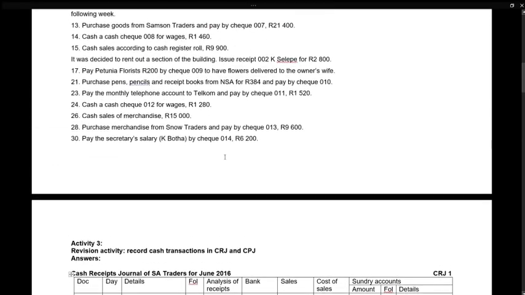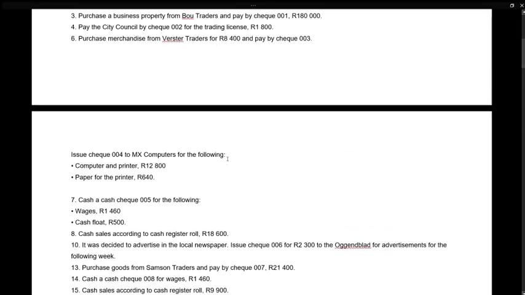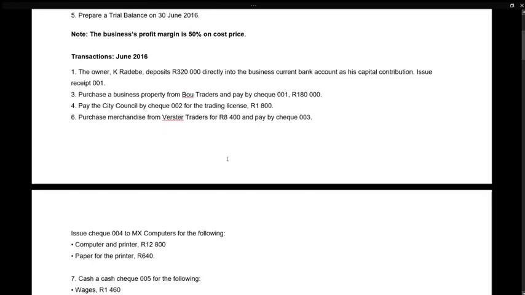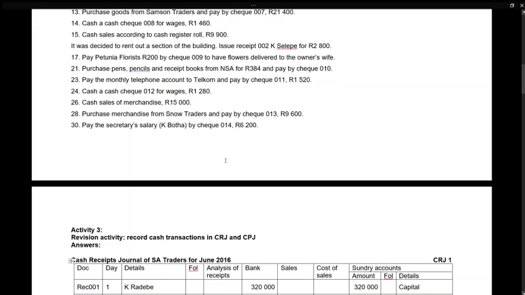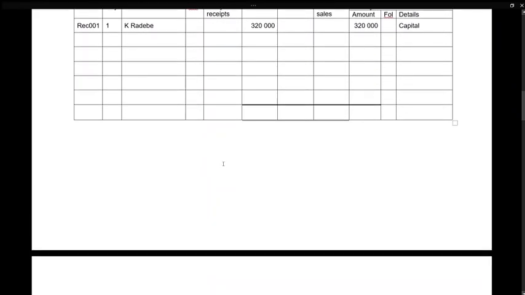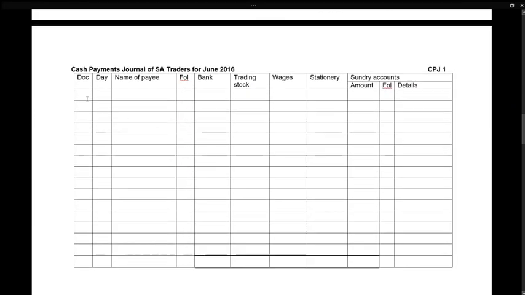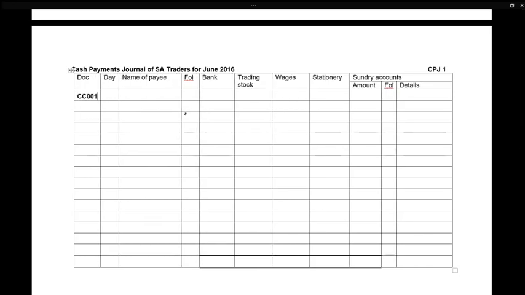And let's go to our second transaction that took place on the 3rd. Purchased a business property from Bow Traders and paid by cheque 001, 180,000 Rand. So we paid money in this instance, so it is the cash payments journal. Document will be cheque counterfoil 001. It took place on the 3rd. Name of payee: who are we paying the money to?